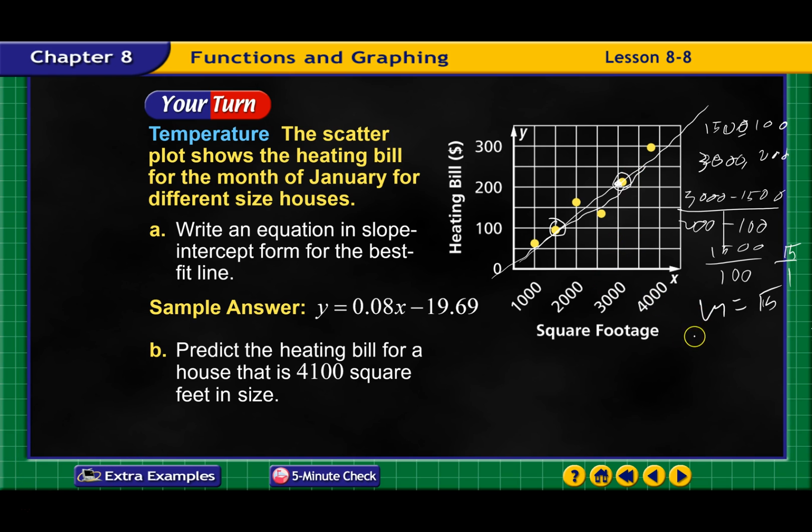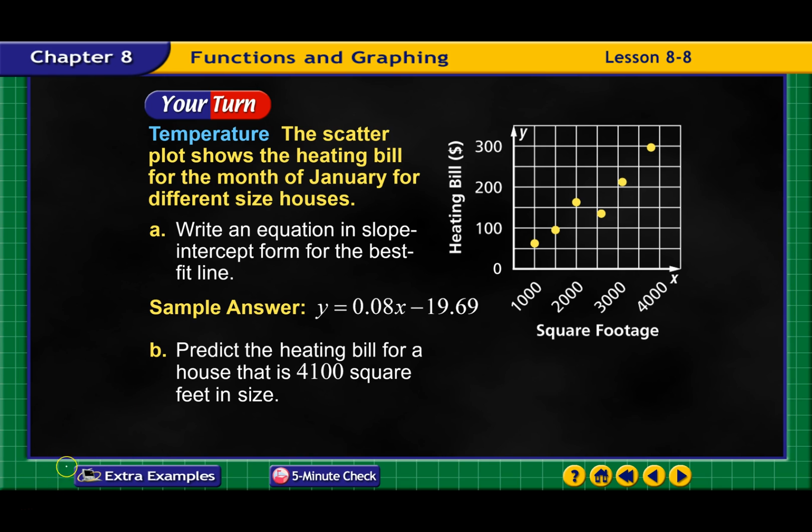So my y is 100. Well, let's see, and then I would have done these backwards too. Let's reverse. Let's just do it all over again. All right, so my y1, so let's do those same two numbers, 1,500 and 100, and then 3,000 and 200.